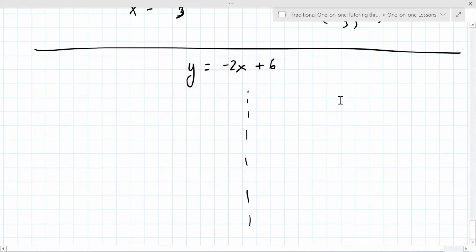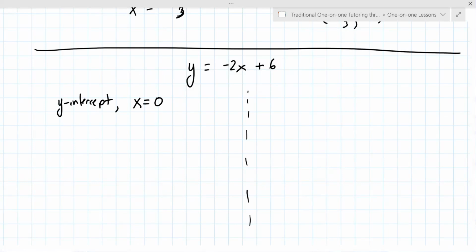The first is the y-intercept. The y-intercept is when x equals 0. So the action step here, what you're going to do, and hopefully you've got this written down, is put 0 in for x.